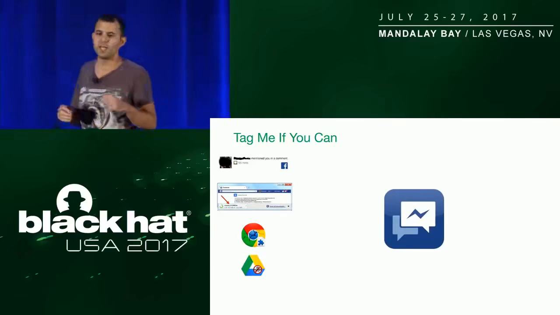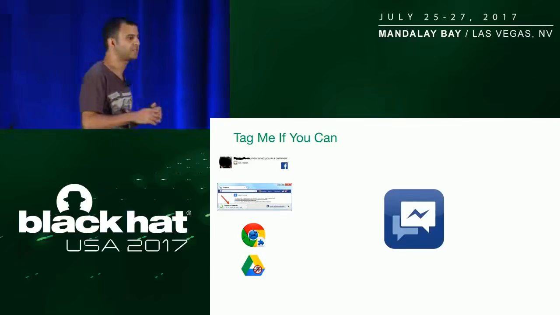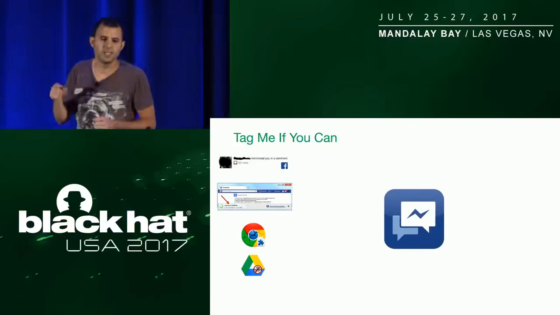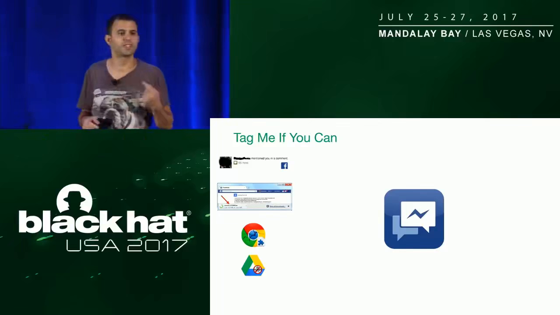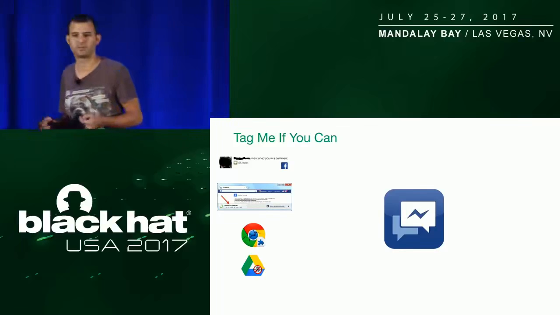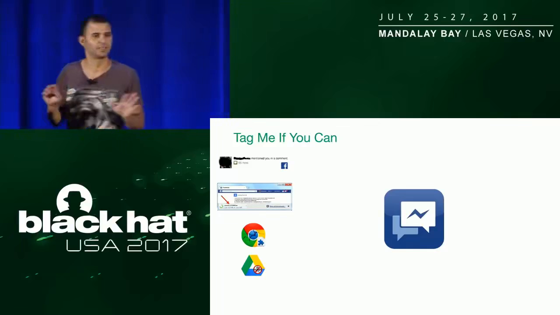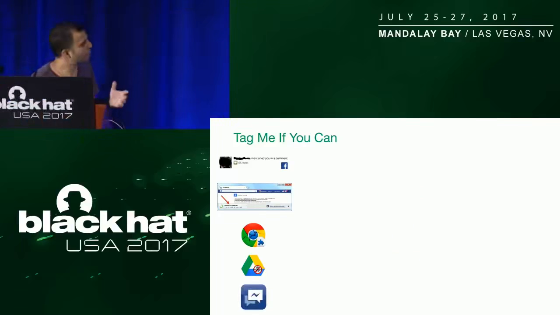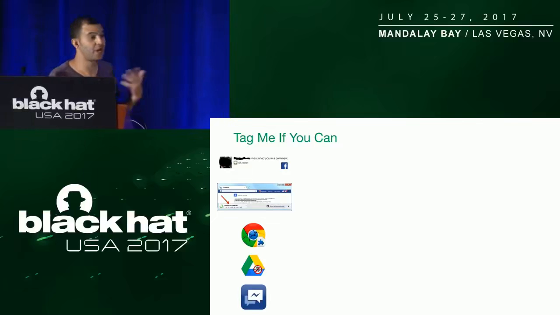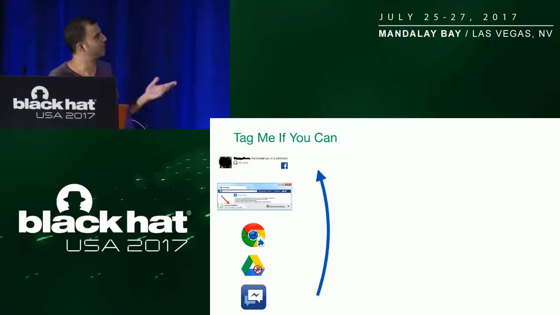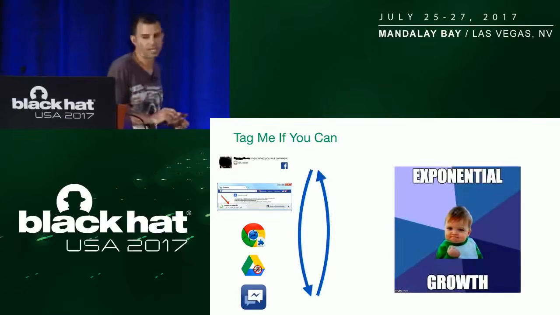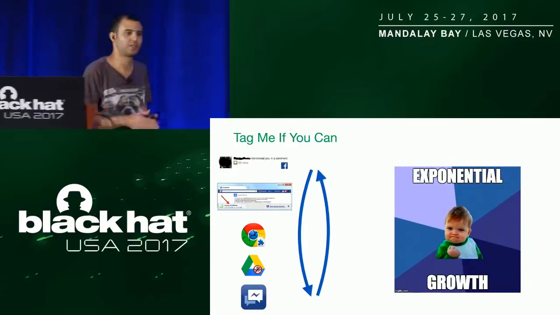As we saw before, it creates a comment with a tag of all the victim's friends that leads to the newly created JSE file in the victim's Google Drive. Is that clear? Cool. So one of the victim's friends on Facebook clicks on this notification, and the whole thing runs over and over again, and we get an exponential growth infection process.